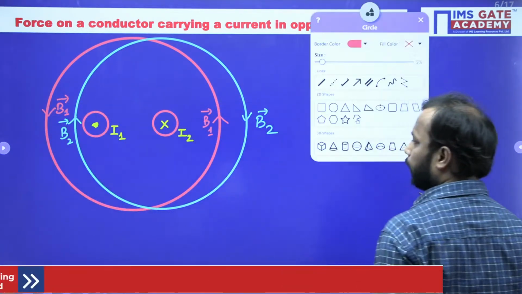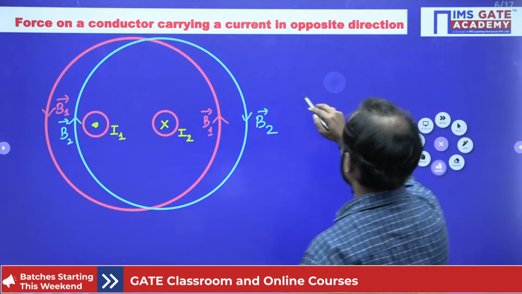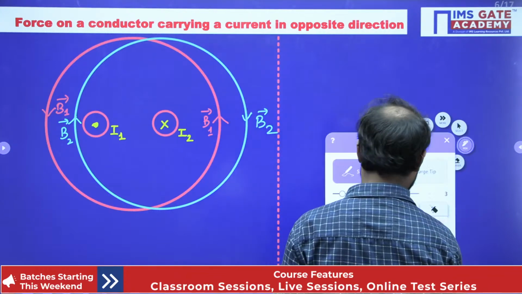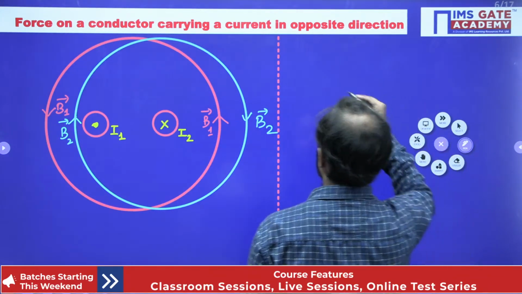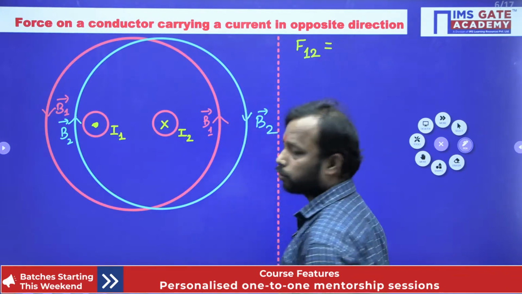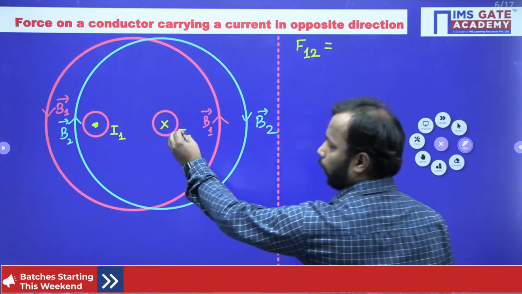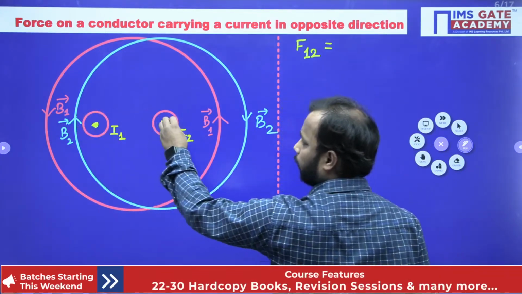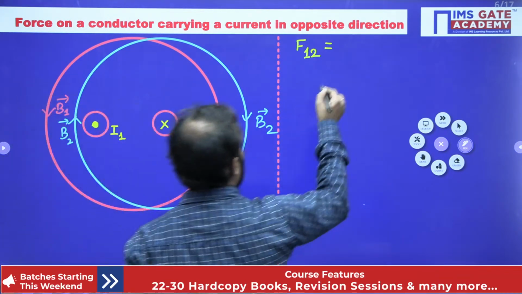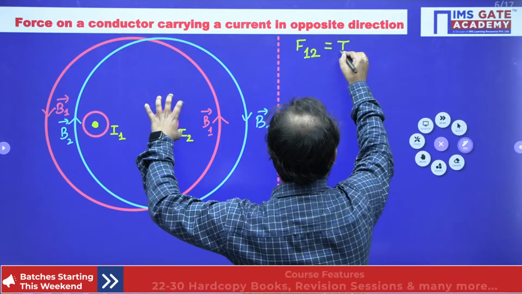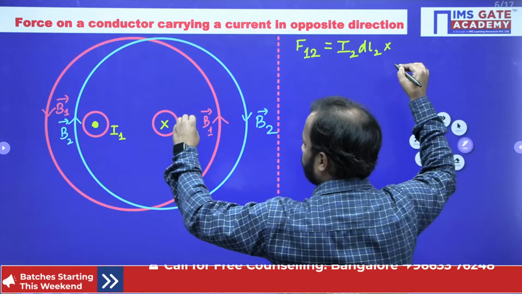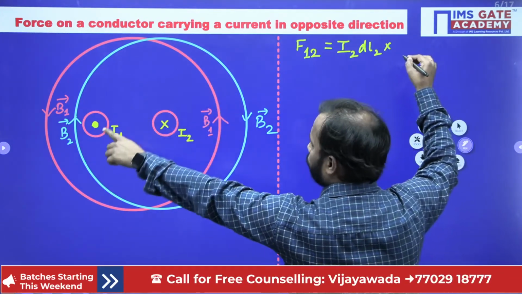All right, now let us find the force here. Now F1,2: the force of 1 on conductor 2. So this is conductor 1 and conductor 2. We will have to take the current element here, I2 del L2, into the magnetic field of first, which is B1.